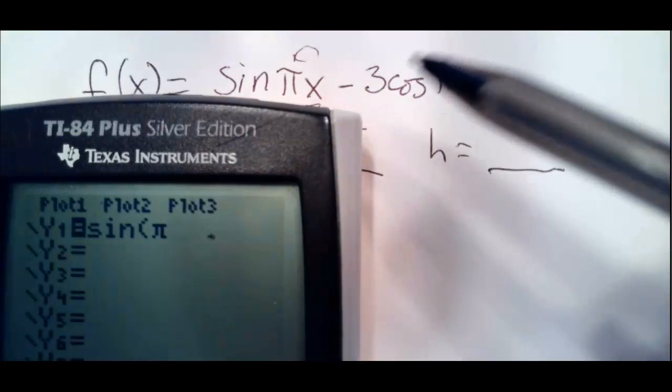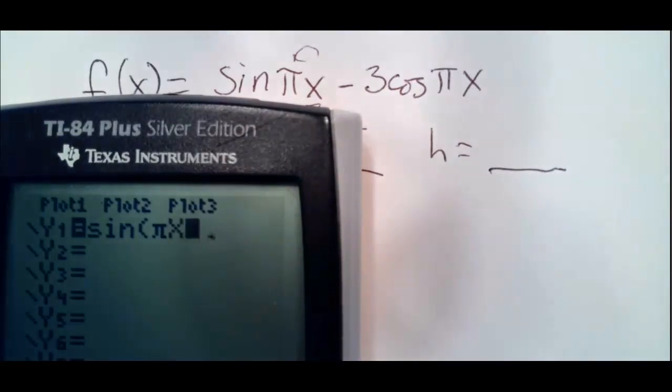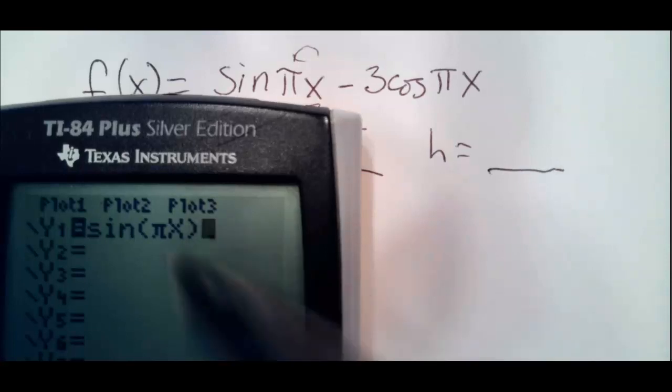So you need to put in x here, then close your parentheses. Really important. If you happened to put the parentheses around the pi and then have x, well, sine and cosine is not going to give you a straight line or parabola. It's going to give you a wave. So if it doesn't give you a wave, then you did something wrong here.